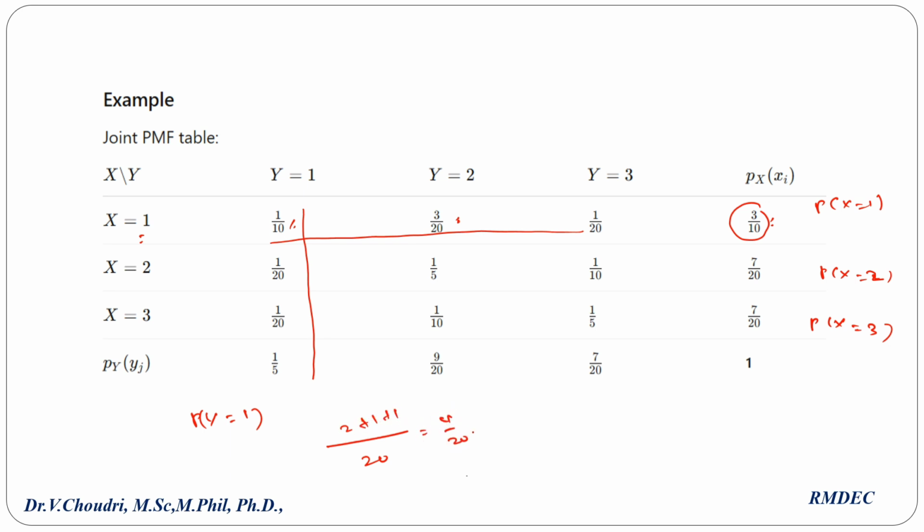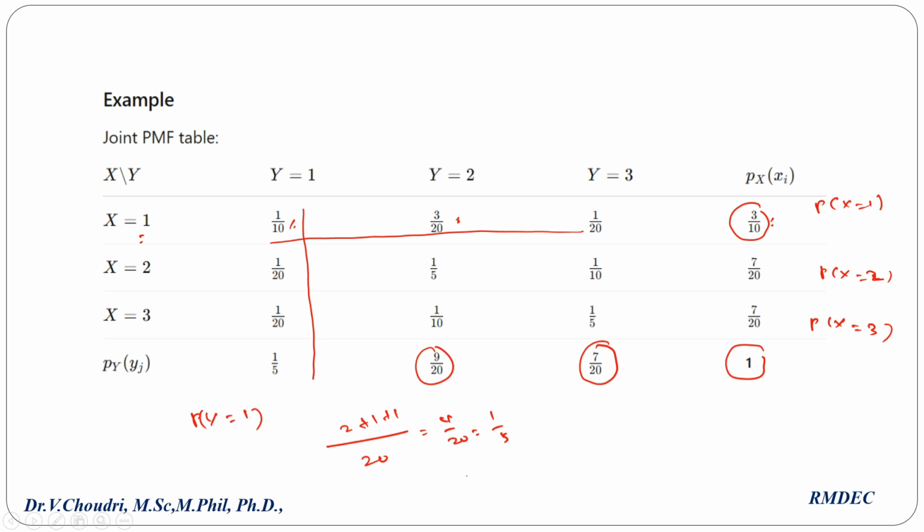So 4/20 equals 1/5. Like that for P of y equal to 2 and P of y equal to 3. However it is, when we add the probability mass function values of x, and of y, the answer comes 1.